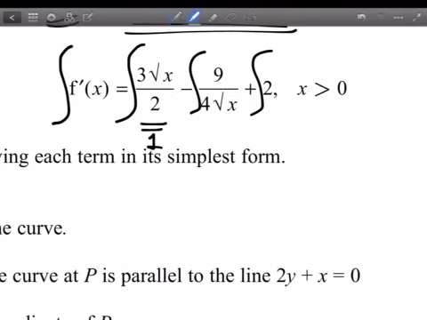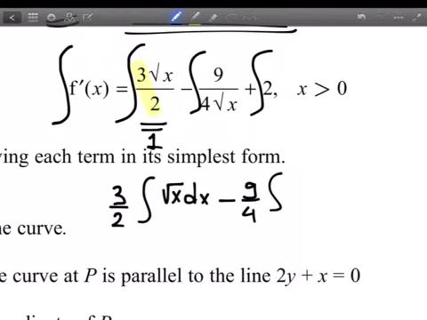We have a constant here, 3 over 2, and we just put it into the integral: square root of x dx, minus 9 over 4 integral dx over square root of x, and plus integral of 2x dx.